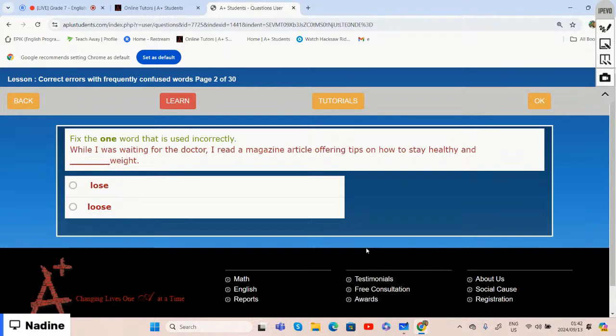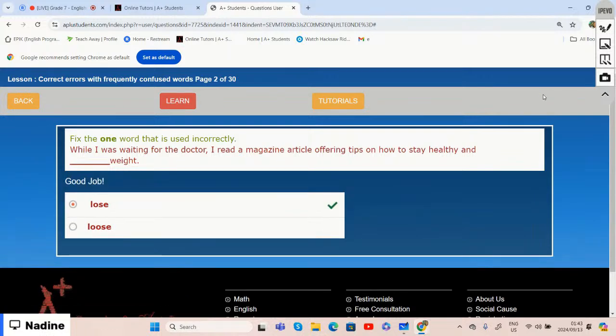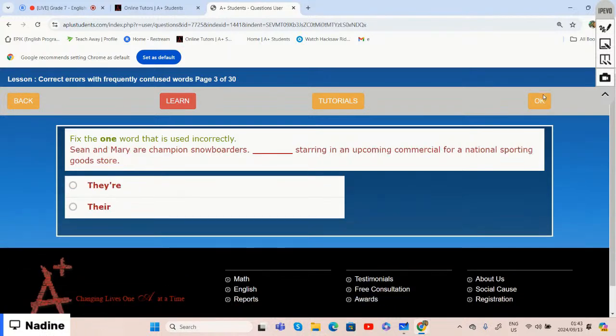And if we were to choose the correct one, we would say lose weight is the first option, with one O.